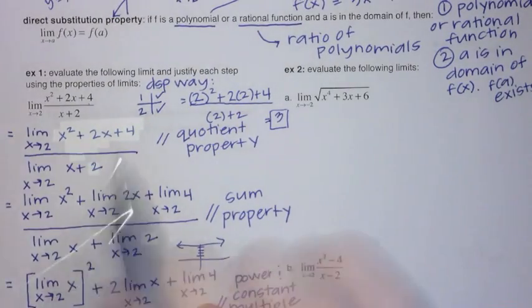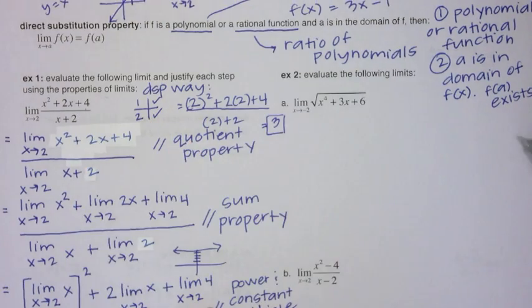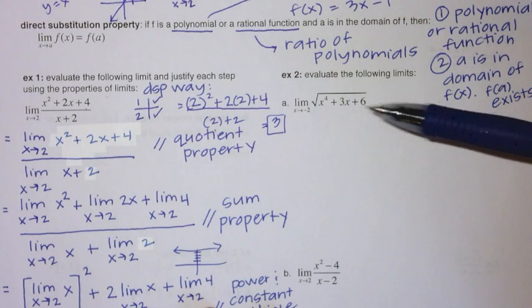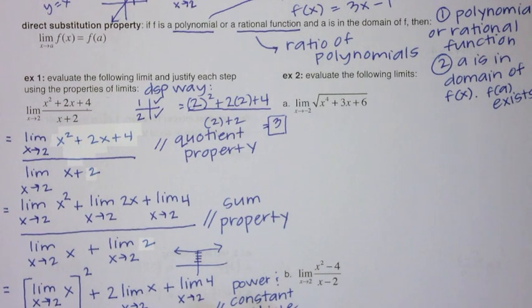And the answer that I have for that is that no mathematician yet has proven that the direct substitution property works for all radicals. They may have gotten it to work for most of them, but they haven't come up with a proof to show that it will work for any, so they can't write it as a property in math. That would just be bad taste. So right now, we don't get to use it when we have radicals, okay?